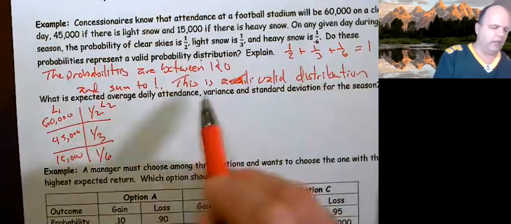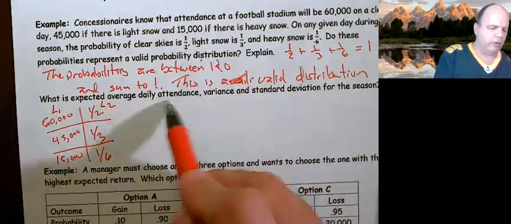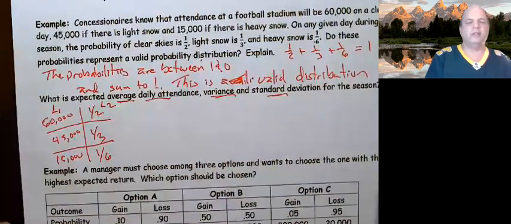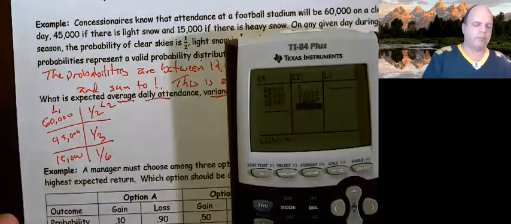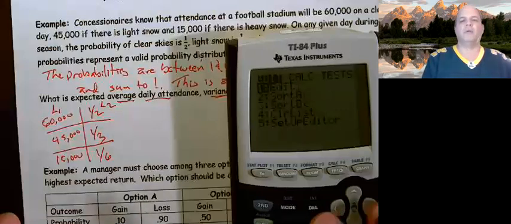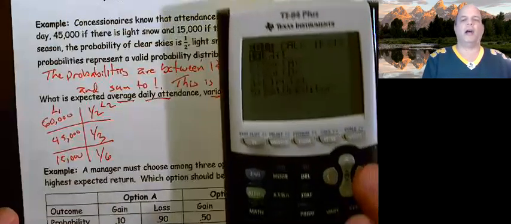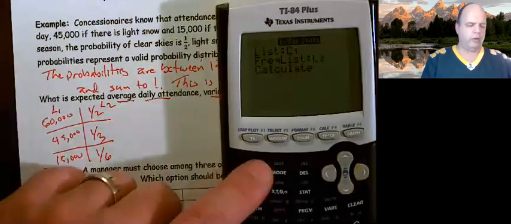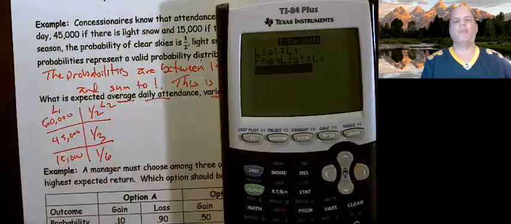And once again, we want average daily attendance, variance, and standard deviation. So here we go. Stat, arrow over to the word calc, enter, make sure it's second 1, second 2.